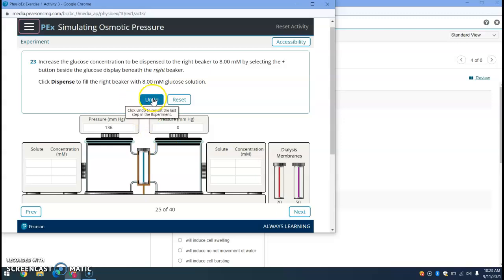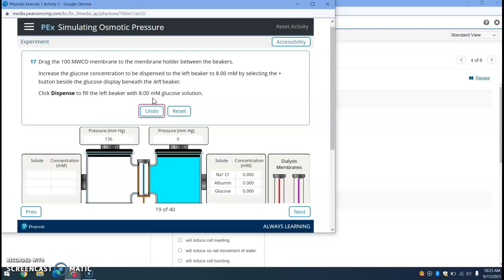Oops. Drag the 100 molecular weight. Oh, we already did that. Okay.